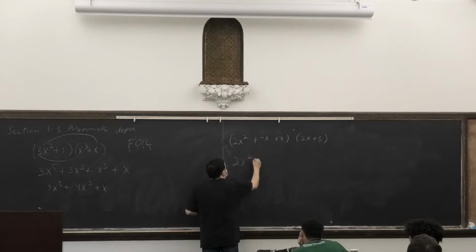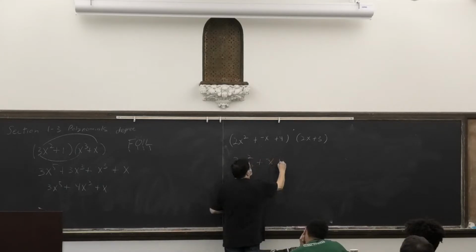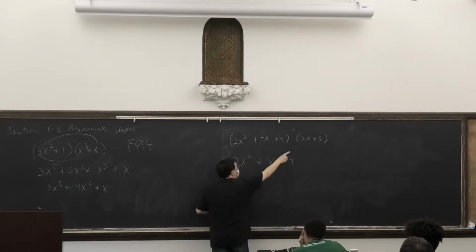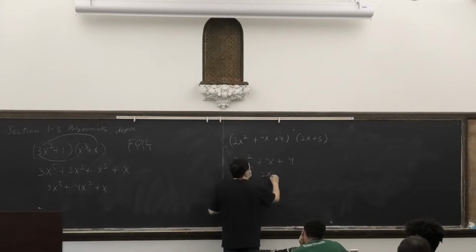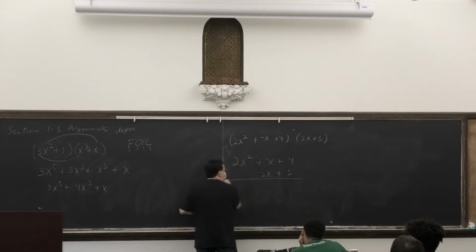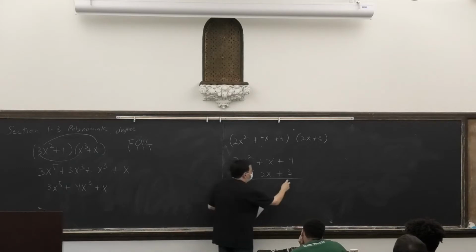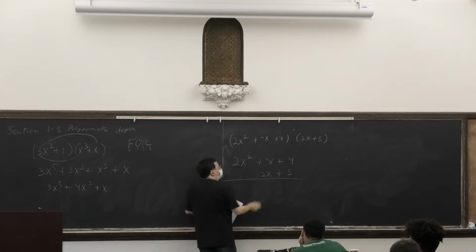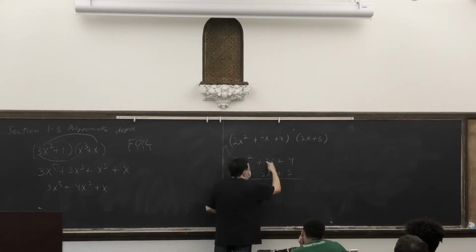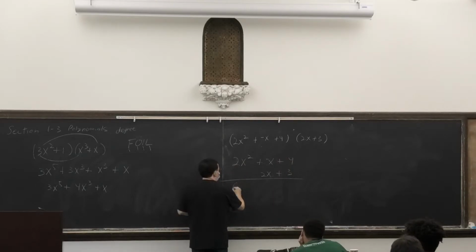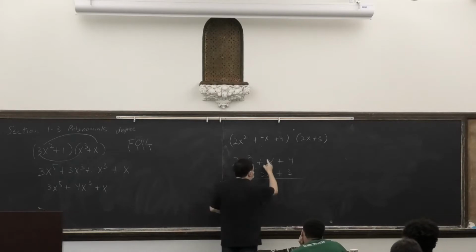So 2x squared plus minus x plus 4. And we write this down below, 2x plus 3. So first we're going to multiply 3 by this polynomial. We just have to multiply the coefficients. 2 times 3 is 6, minus 1 times 3 is minus 3, and 3 times 4 is 12.